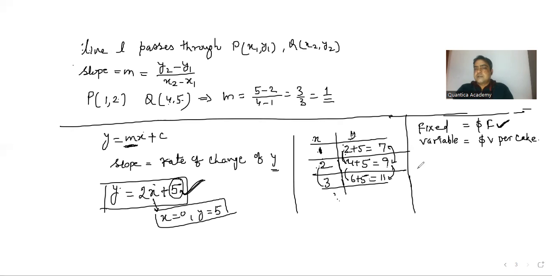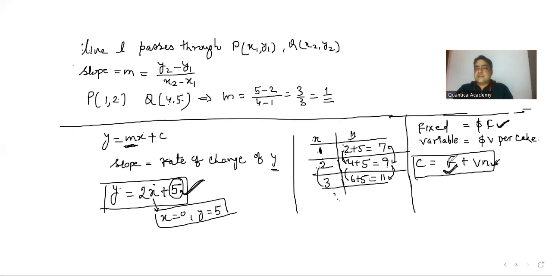So its total cost, let us say capital C, is F plus V times N, where we write the number of cakes as N. If the bakery manufactures N number of cakes, then the total cost it incurs is F plus N times V. But if it doesn't manufacture even a single cake, even then it will have to incur a cost of $F.